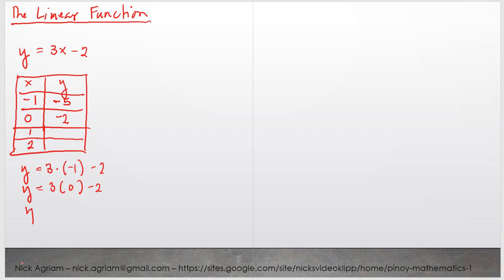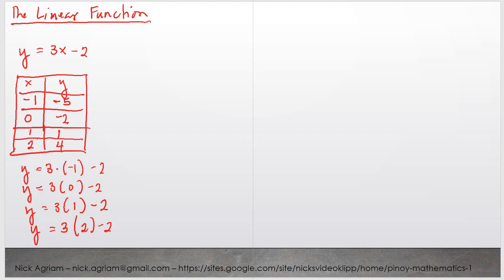And then we have y is equal to 3 times 1 minus 2, and 3 times 1 is 3, minus 2 is 1. And then y is equal to 3 times 2 minus 2, then we have 6 minus 2. Then that is 4.